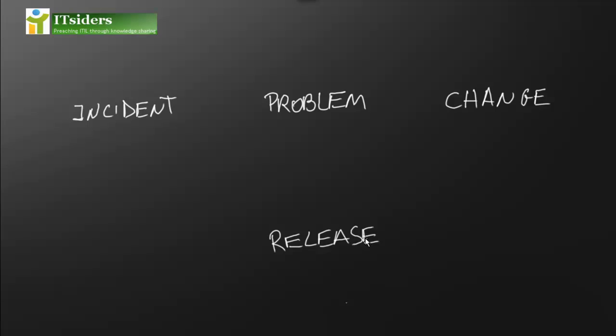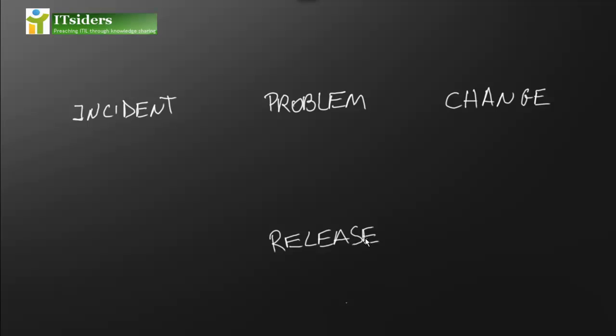So I will demonstrate to you all the possible relationships among these processes, okay? And in the next videos, I'm gonna give you real scenarios, real examples of the relationships I'm gonna show you now.